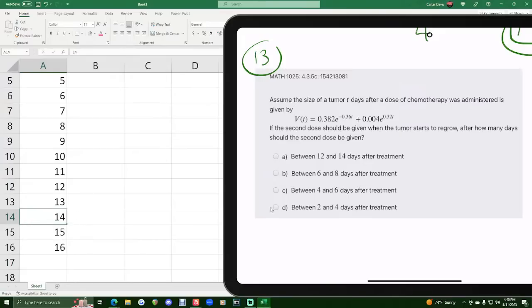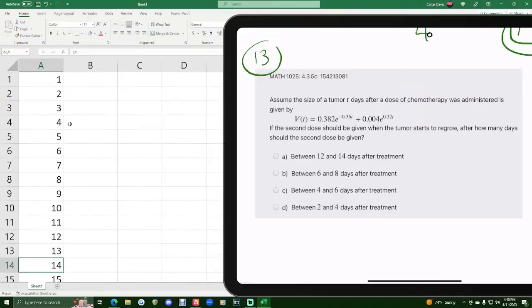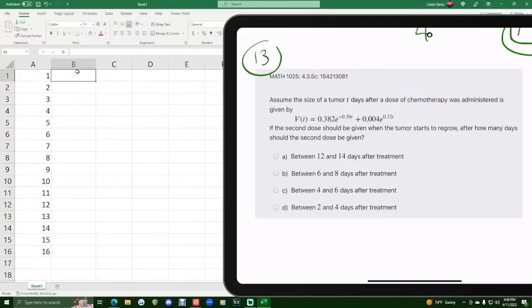So we're including all these t values. This is how we're looking at these answer choices is guiding which t values we plug in. Now we're just inputting this function that they give us here, and this will tell us the size of the tumor at all these t values.